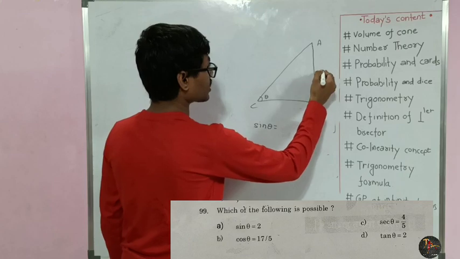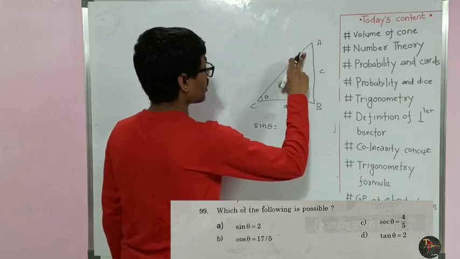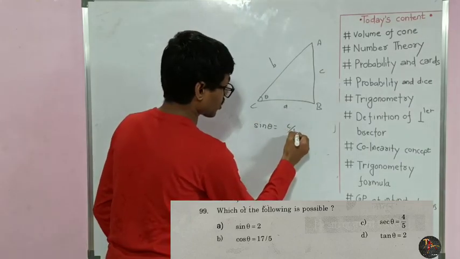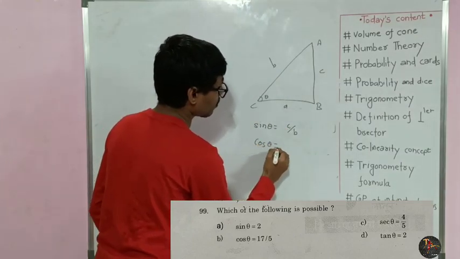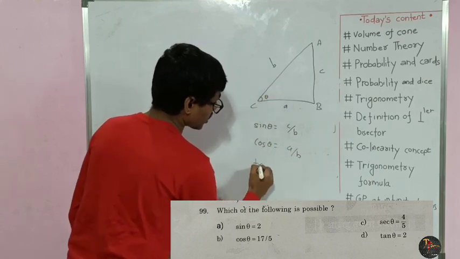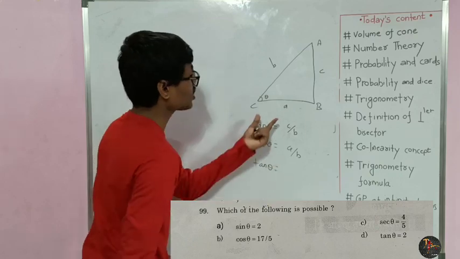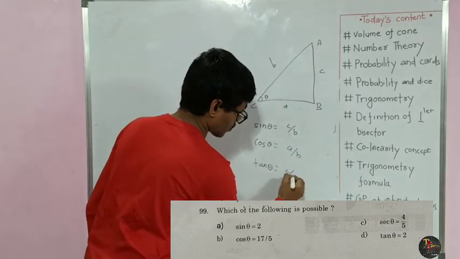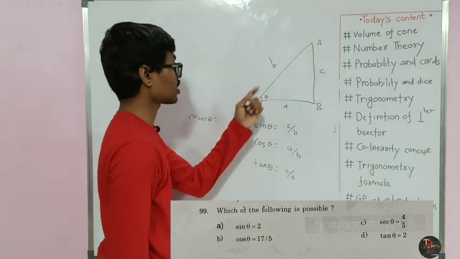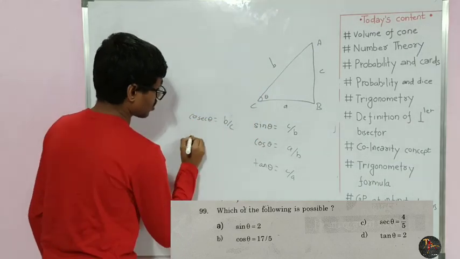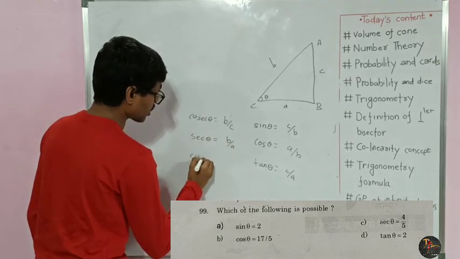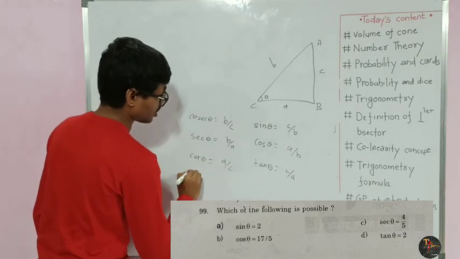Let me name AB as C, BC as A and AC as B. Sin theta will be C by B. Cos theta will be A by B. Tan theta will be C by A. Cosecant theta will be B by C. Secant theta will be B by A. And cot theta will be A by C.